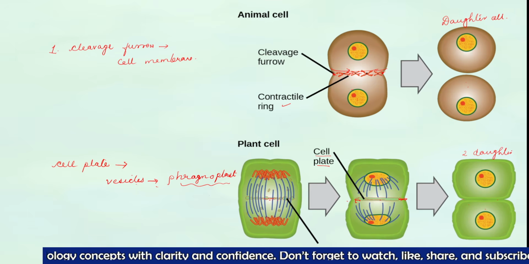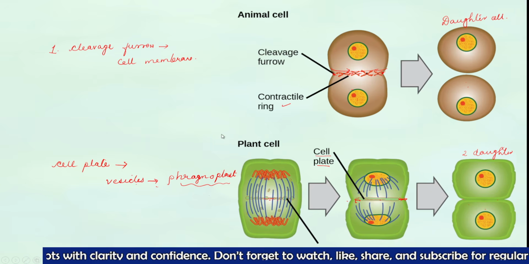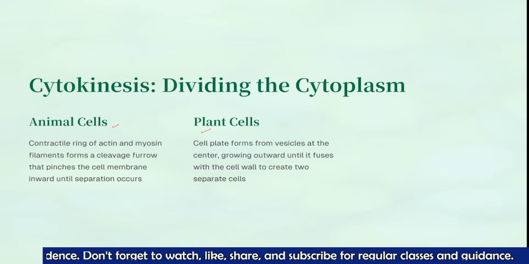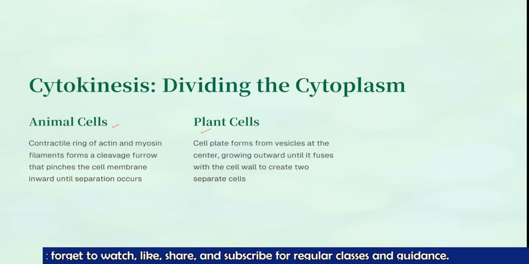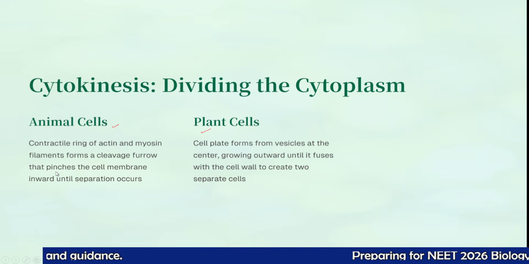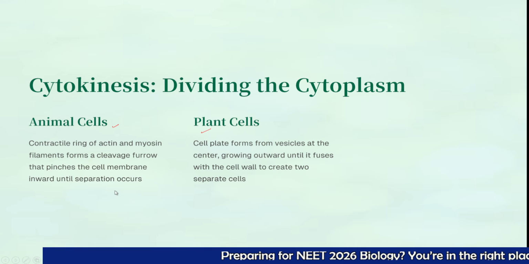So remember the cytokinesis in plant cell and animal cell. Distinguish between the cytokinesis in plant cell and animal cell. In the animal cell, a contractile ring of actin and myosin filaments is formed, and then a cleavage furrow forms at the cell membrane and grows inward until separation occurs.